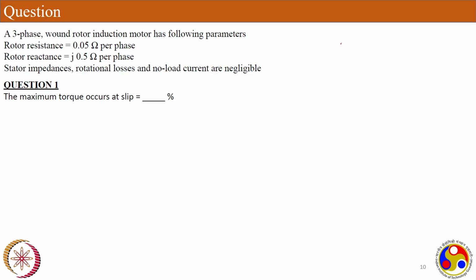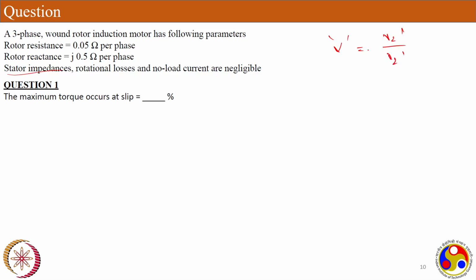So directly it's alpha, right? Alpha, since the stator impedances are all neglected, it is R2 by X2, that's correct, Dinesh. It is R2 dash by X2 dash.